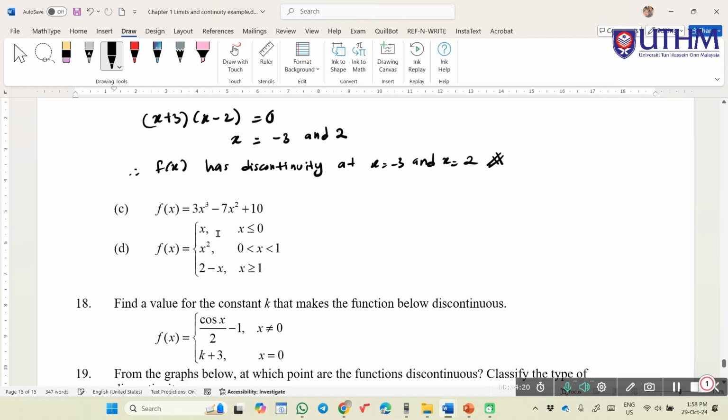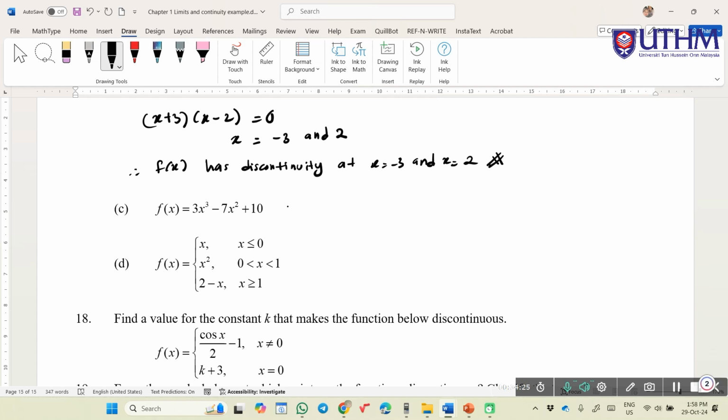Okay, for example C, it is a polynomial. A polynomial function is continuous everywhere, defined everywhere, and the limit exists everywhere. So for example C, f(x) is continuous everywhere.